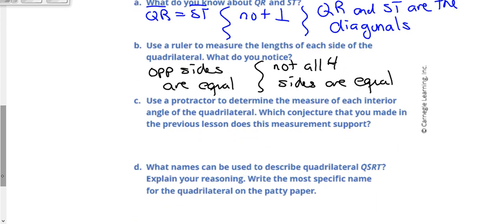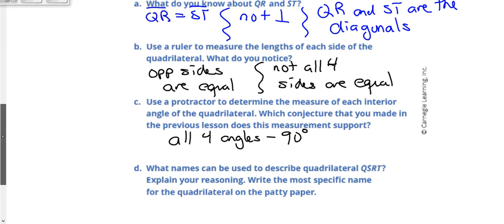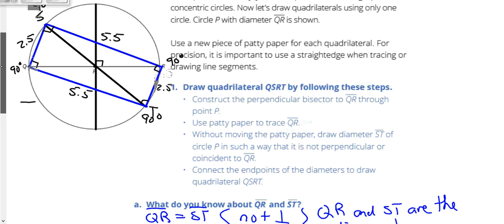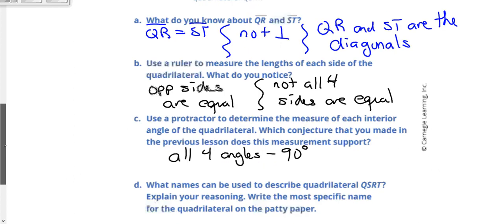So we have all four angles are 90-degree angles. Okay. So this does go down the road of being called a parallelogram, but more specifically, it falls into a rectangle because of the four 90 degrees.